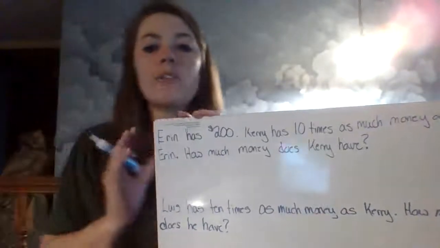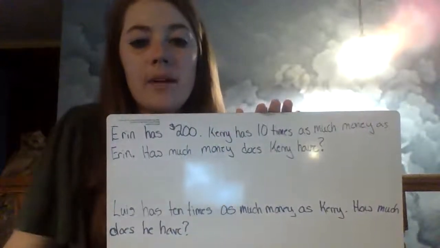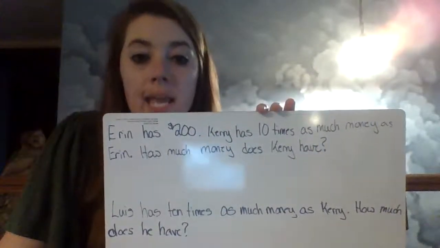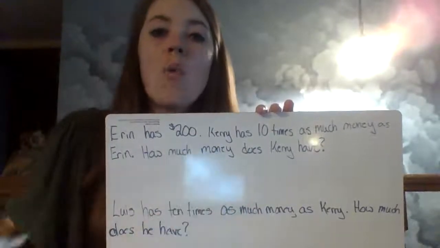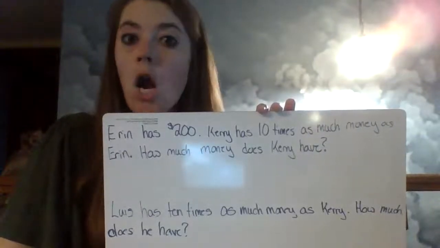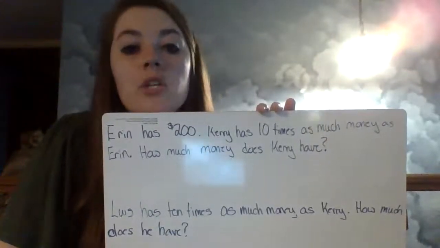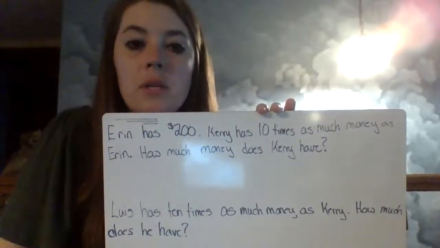Aaron has $200. Kenny has 10 times as much money as Aaron. How much money does Kenny have? Well, if we're dealing with a number that's 200, what's the next place value up from 200? Or from our hundreds, I should say, if we think back to our chart. What comes after 100? What would be the next one up?